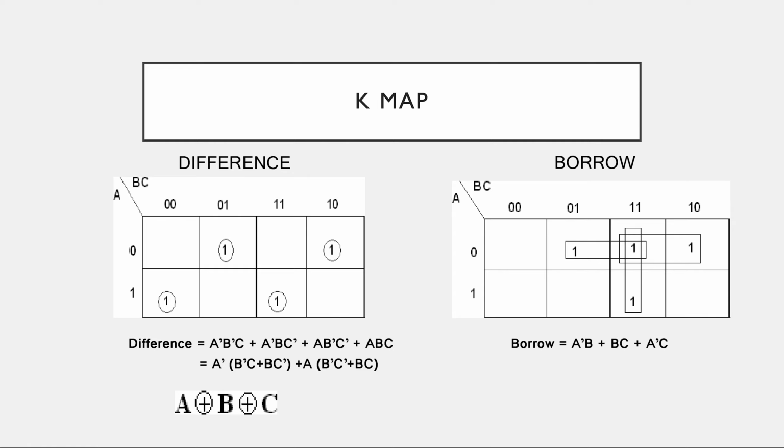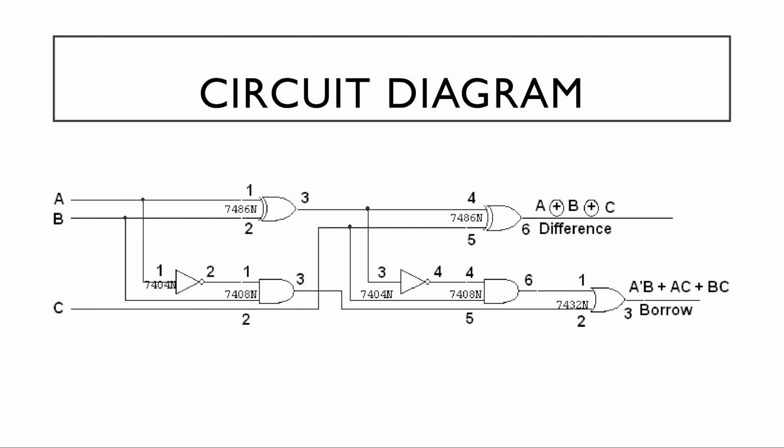Now for borrow, we see A'B plus BC plus A'C. And this is the circuit diagram.